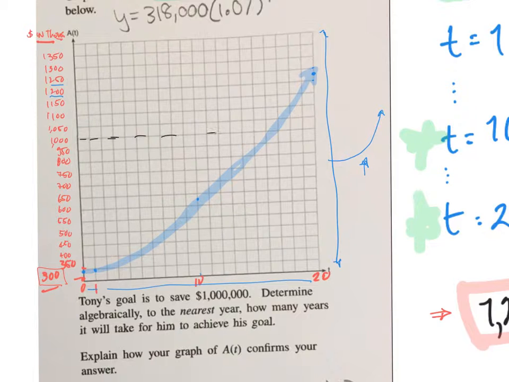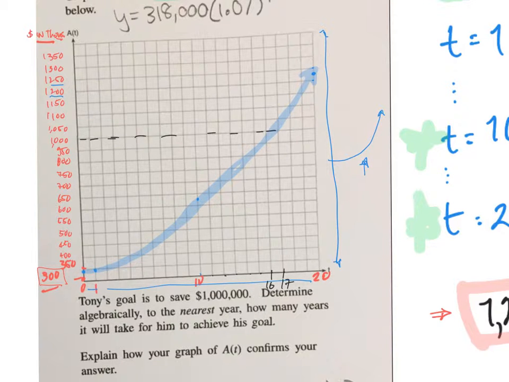If that's 10, 11, 12, 13, 14, 15, 16, 17, so this is year 17, this is year 16, so we're going to guess that somewhere between year 16 and year 17 or so, he's going to hit $1 million.